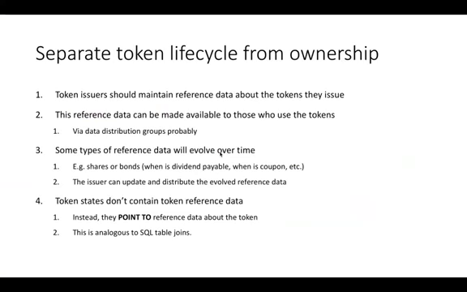So imagine you're a bond issuer and you issue a bunch of bonds and they're owned by parties on the network. I would hope it's the responsibility of the issuer to create and syndicate reference data about those bonds. How would that work? Well, the issuer would probably create what we call a data distribution group, which is a decentralized way to syndicate data around a Corda network.